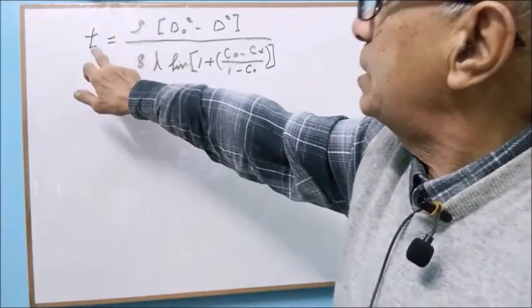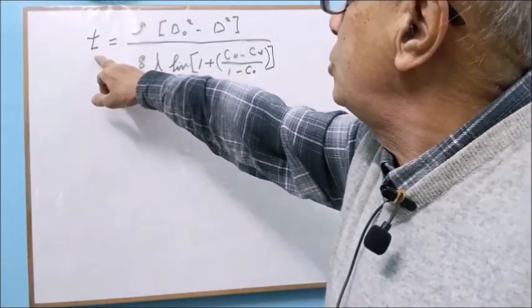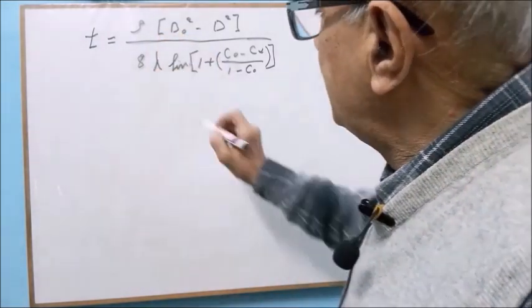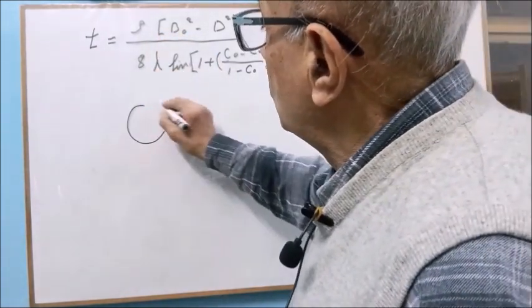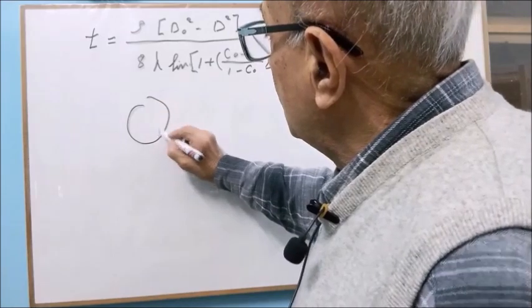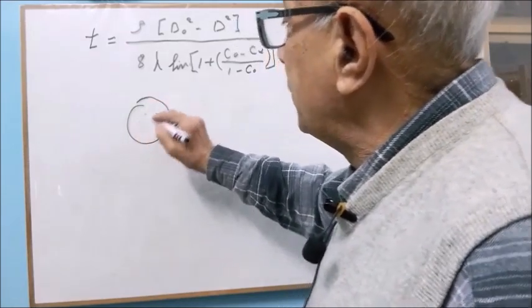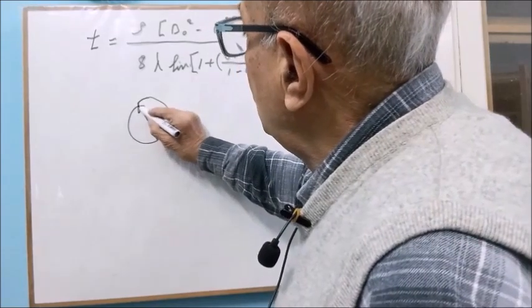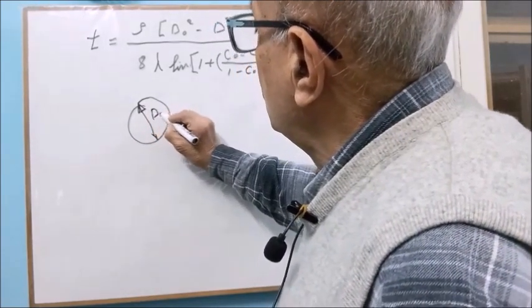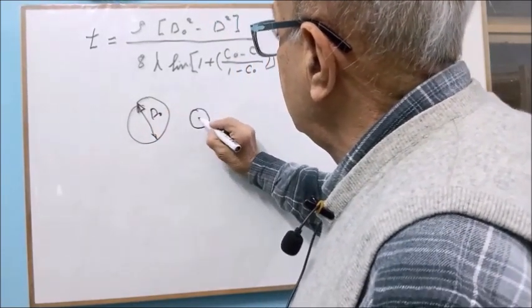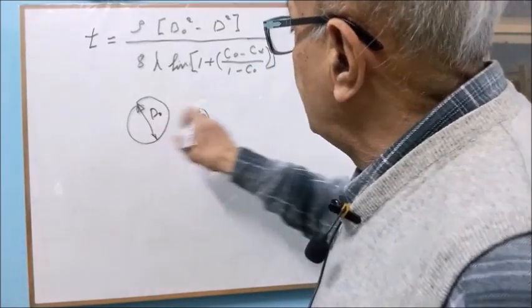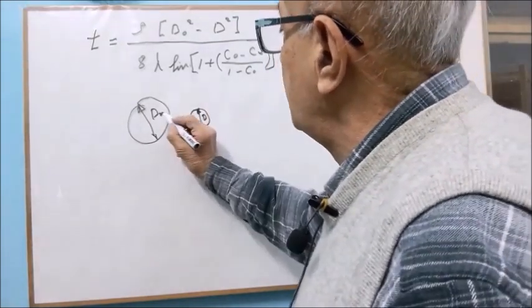As I told you before, that's the time needed for the evaporation, or to change the diameter from d0, of course this could be 1.5 millimeters, to a diameter d. After evaporation d0 becomes d.